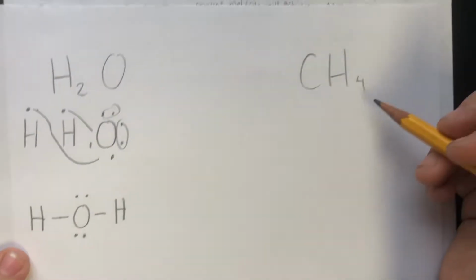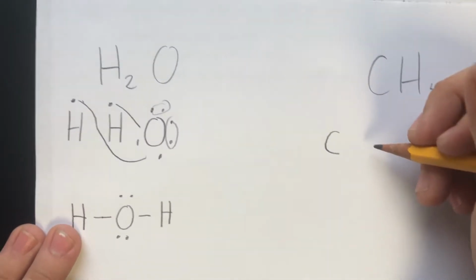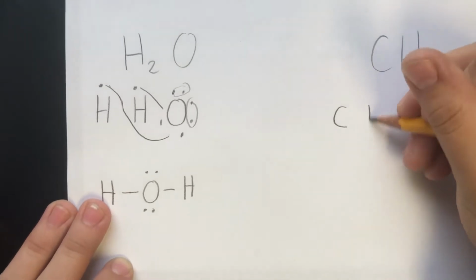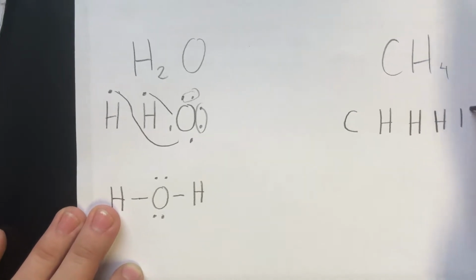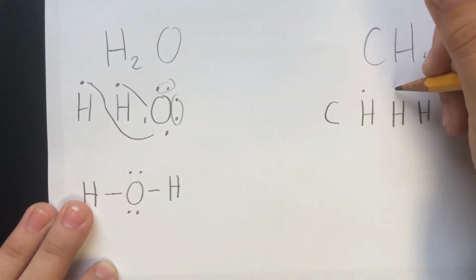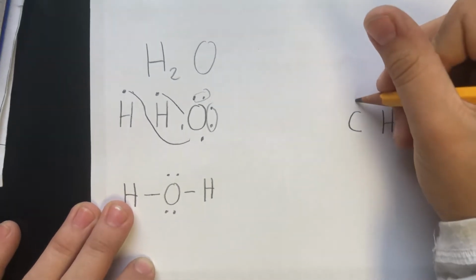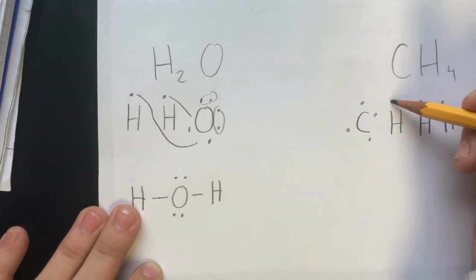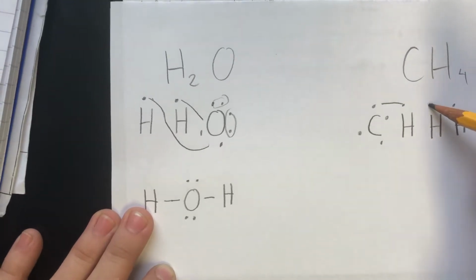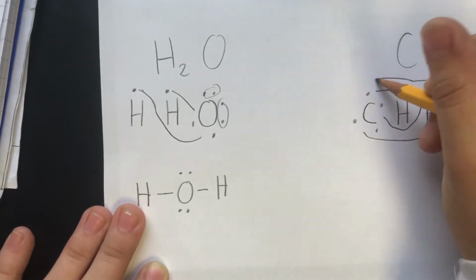Okay? Now, for CH4, we have 1 carbon and 4 hydrogen. The hydrogen all have 1, while the carbon has 4. If we then give and connect, we can make a very big mess of our lines because this is not a pretty picture.